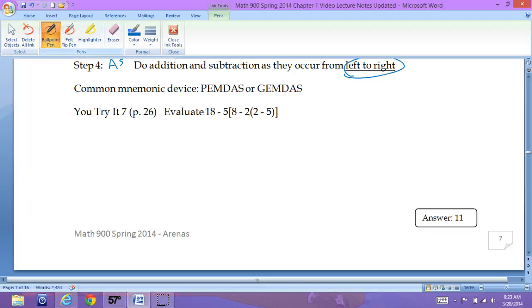So we're evaluating this. And this doesn't have a lot of complicated stuff in it. It just looks complicated because it has several different grouping symbols. So you always start from the innermost grouping symbol.